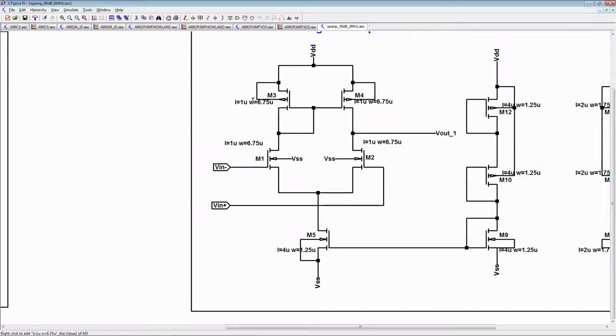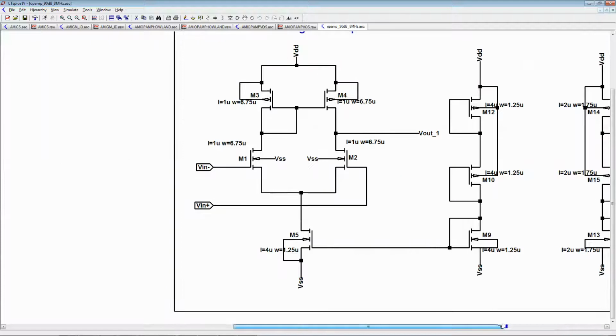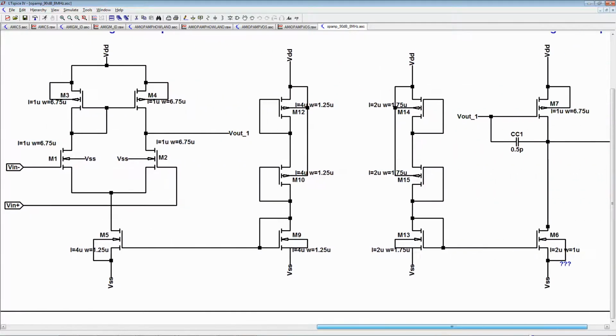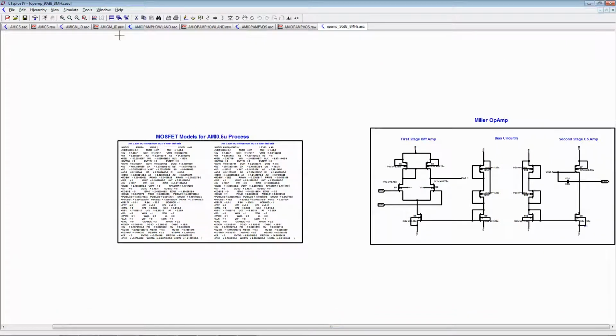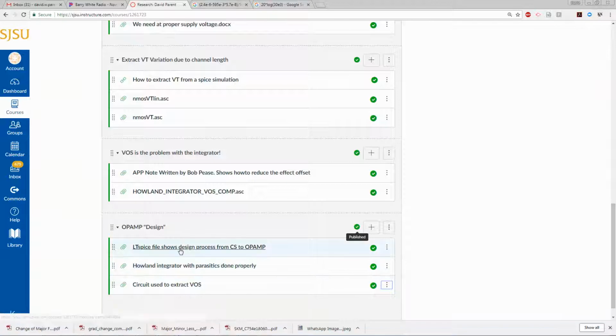And he's biasing it like that. When working on his, this did kind of cause some offset issues, which I think is why it wasn't working. Anyway, all these LTSpice files are here under OPAMP Design, and I think that's enough video for today.